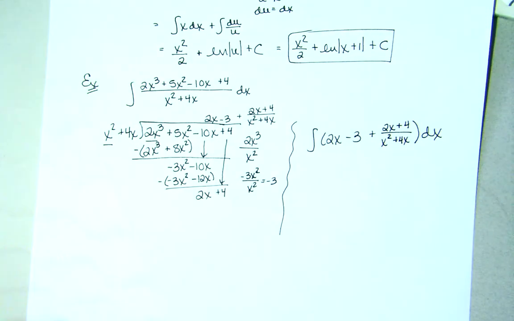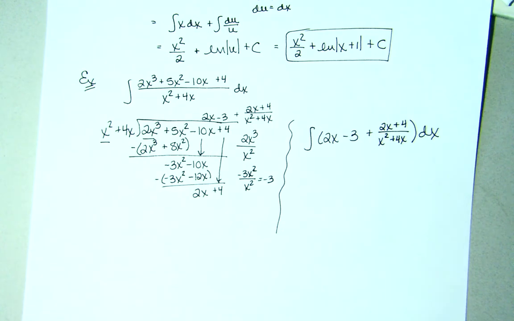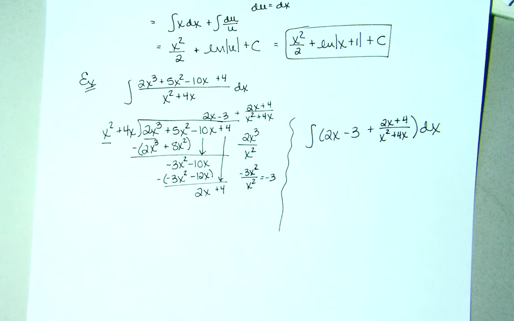I'm getting kind of an ugly looking remainder, but in some ways it's actually going to be really nice. I'm getting 2x minus 3 plus 2x plus 4 over x squared plus 4x after doing division.